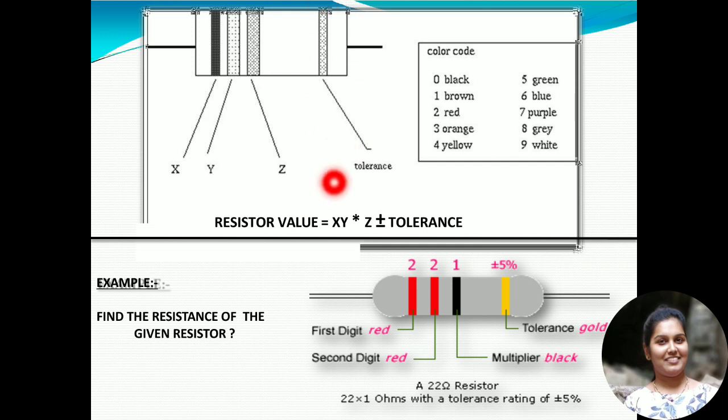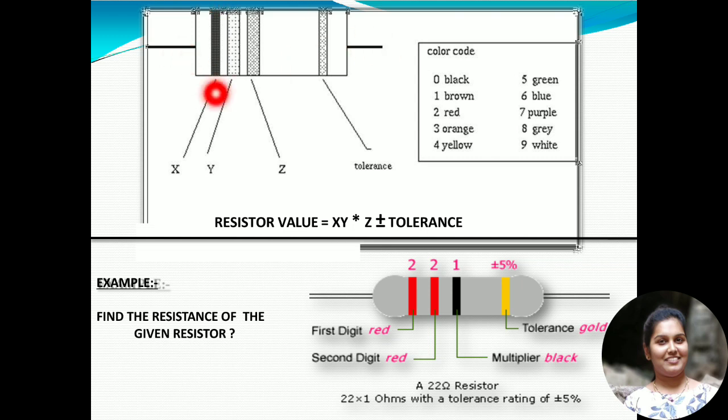You might have a doubt about which side to take as the first band or first digit. The band closest to the terminal is where you start from. When you observe a resistor, all the bands start from one terminal, so the bands will be closer to one terminal when compared with the other.